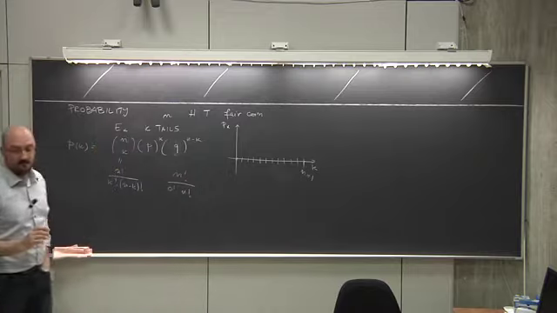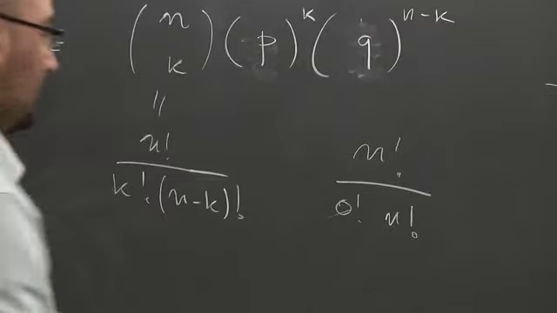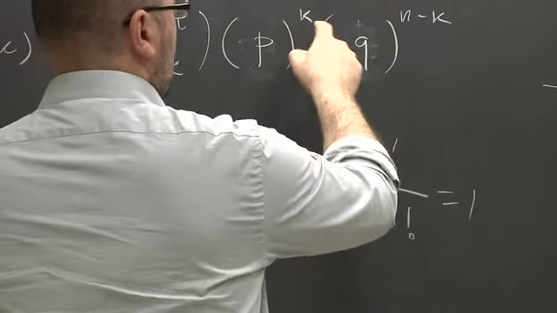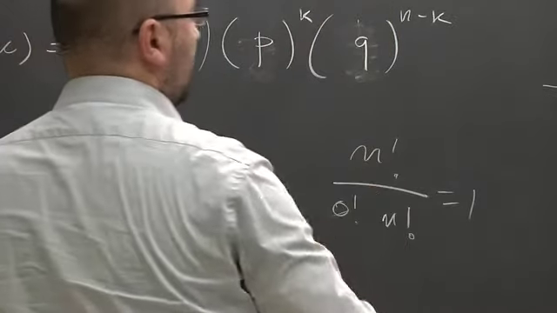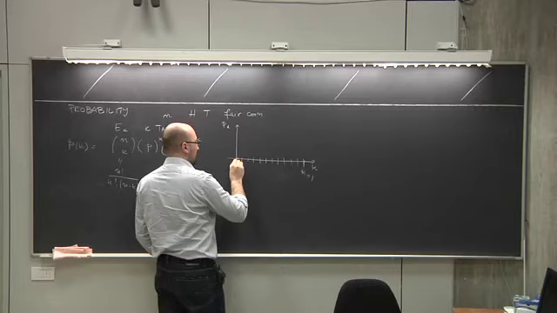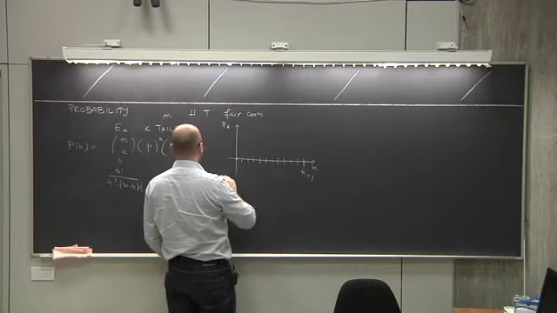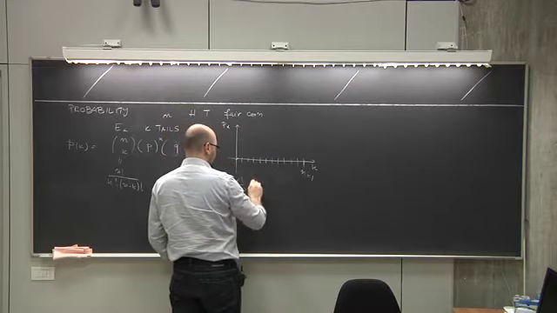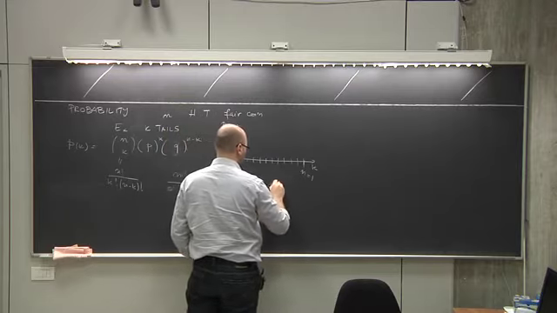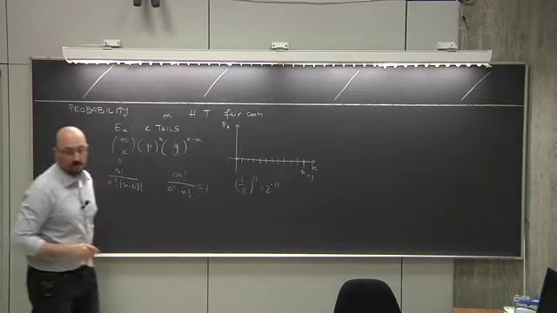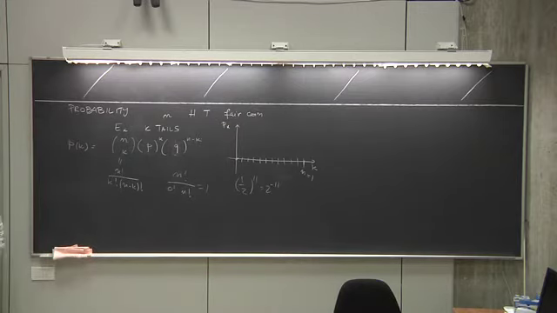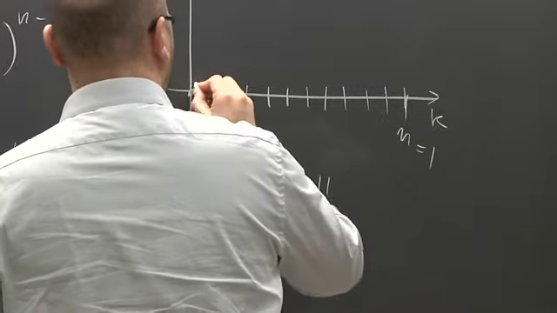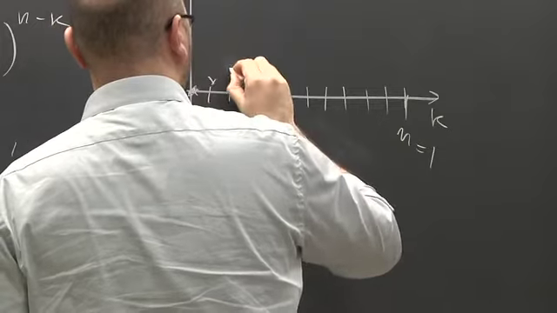What's 0 factorial? 1. Okay, you know this. So this thing is 1. So with k equal to 0, we have here q to the n. For example, if q is 1/2, we have 1/2 to the 11, which is 2 to the minus 11, a small number. It's 1 over 2,000. Then this small number keeps growing a little bit.